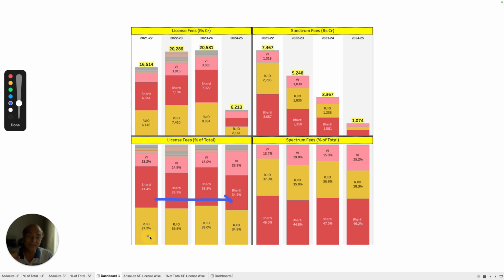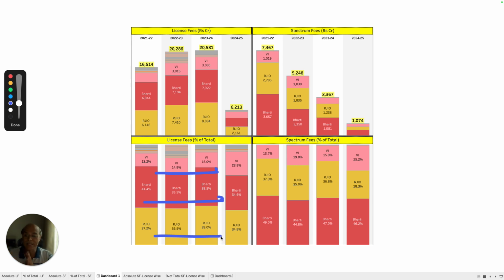Reliance Jio's license fee also went down, but it did not go down to a level where it could have been beaten by Bharti's. So today Reliance Jio has got the highest license fee outflow compared to Bharti, and VI has got the third lowest. Now VI actually has increased, Bharti has decreased, and Reliance Jio has more or less remained the same.